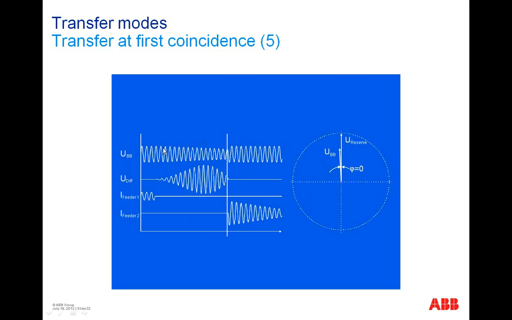Normally the bus bar voltage declines, depending on the application, to a kind of voltage where all the loads are kept alive. So at the moment of changeover it will be 70%, 65% of bus bar voltage at the end here. They are declining from 100%, maybe 90, maybe 80, to 70, and then we have this first phase coincidence and we can make the changeover.